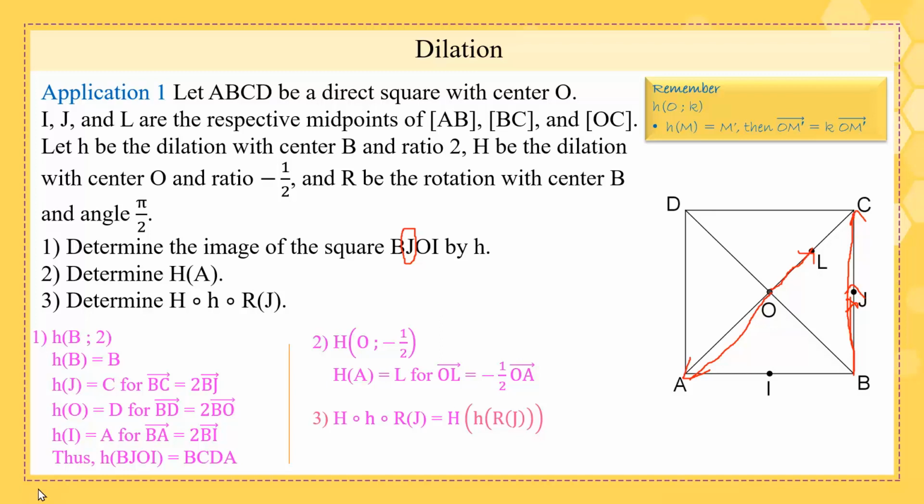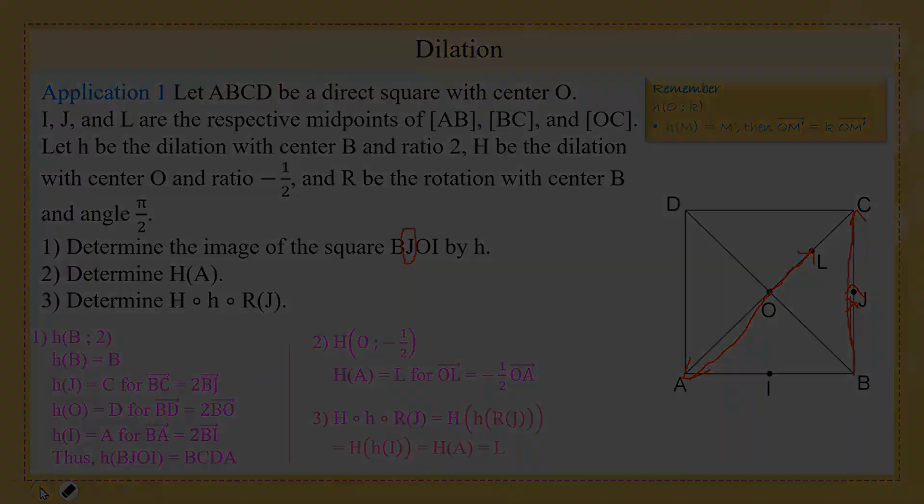R of J is I, and H of I is A, and it is solved in the first part. So H of A will finally be L because it is solved in the second part.